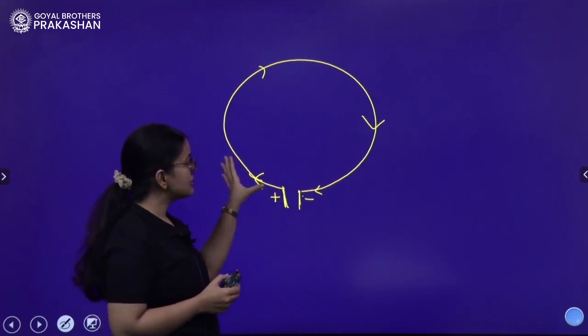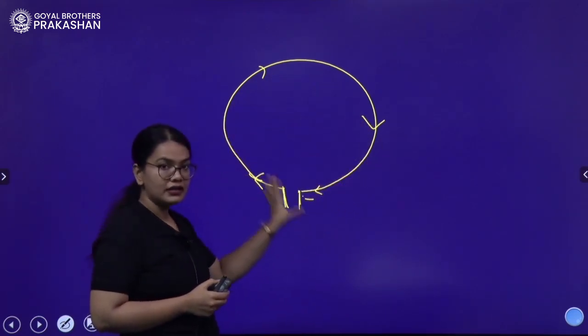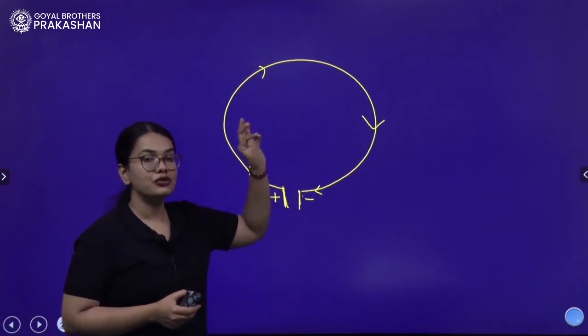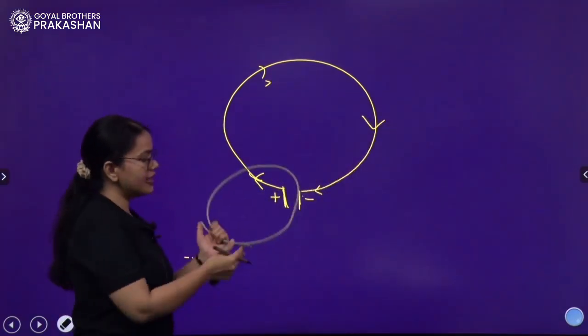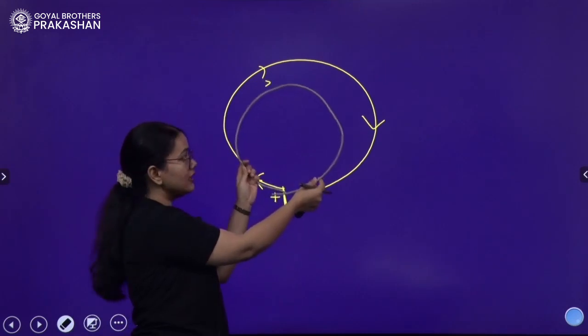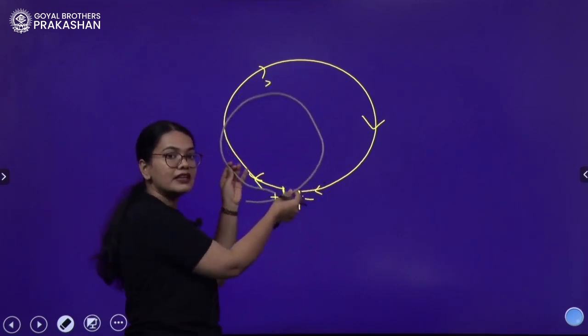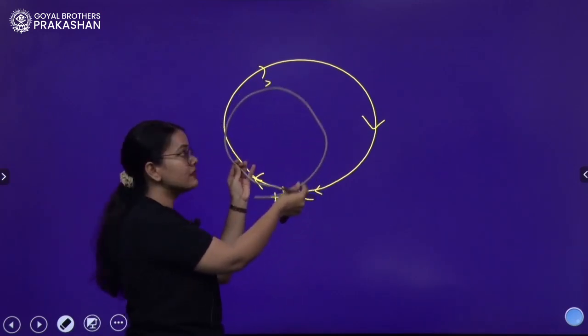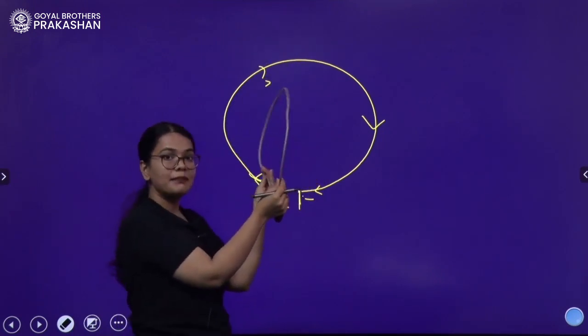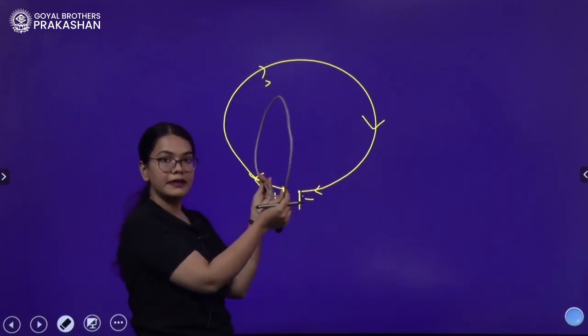As if I have kept the wire on the board. I will show you with the help of a real time example. Imagine the wire is kept on the board. This is the plane of the wire matching with the plane of the board. But if I keep the wire like this, the plane of the wire has become perpendicular.